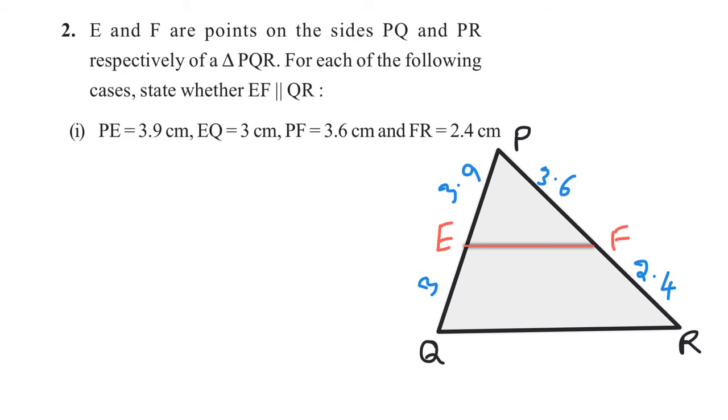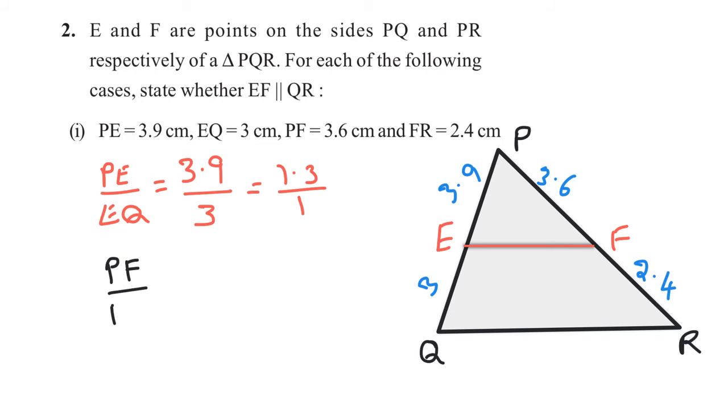PE over EQ, where PE is 3.9 and EQ is 3. If we simplify that, it gives us 1.3 over 1. Now, let's figure out PF over FR. PF is 3.6 and FR is 2.4.